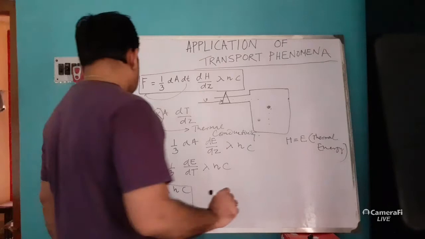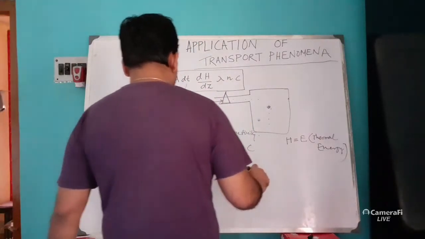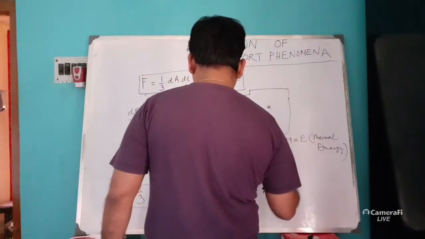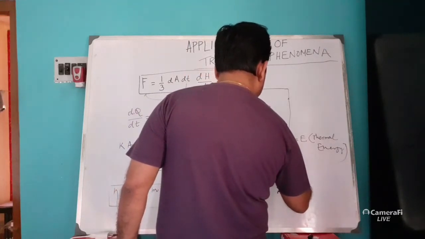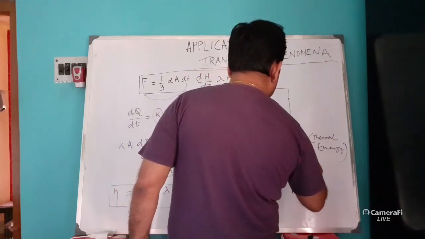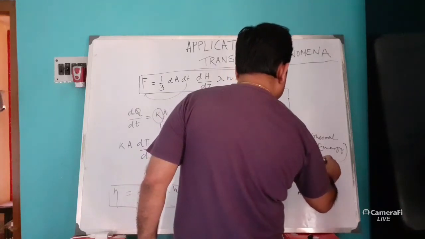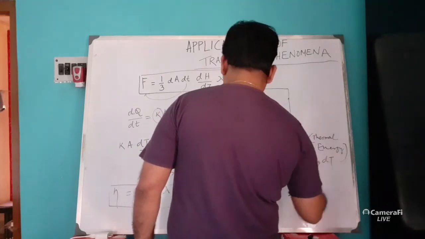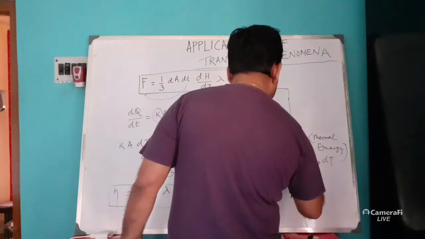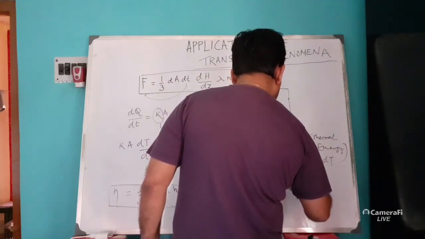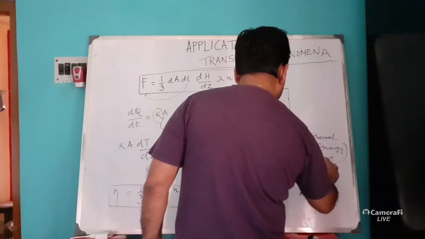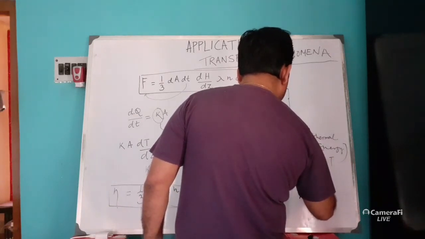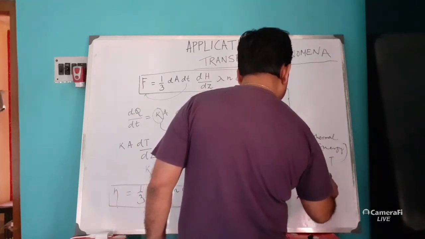And suppose we will assume the thermal energy E is equal to m Cv dT. So dE by dT is equal to m Cv.